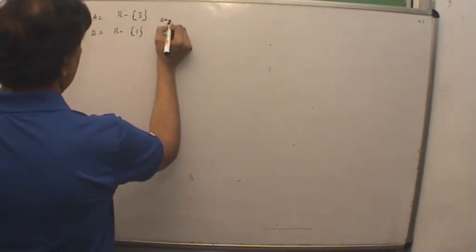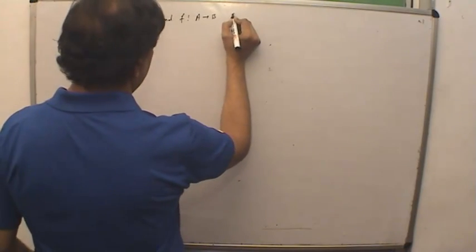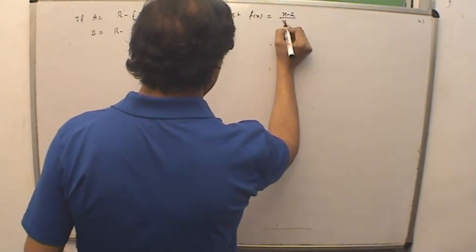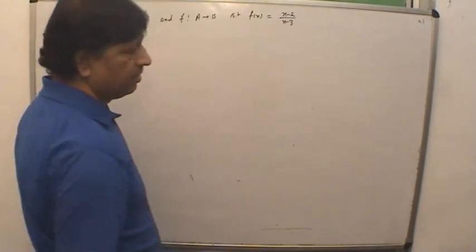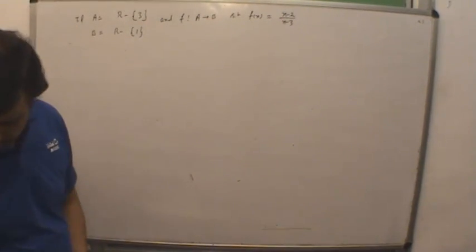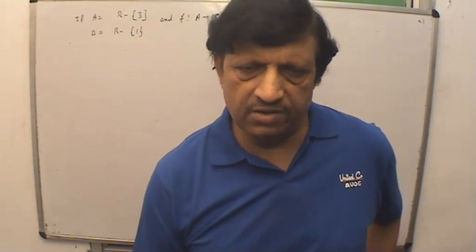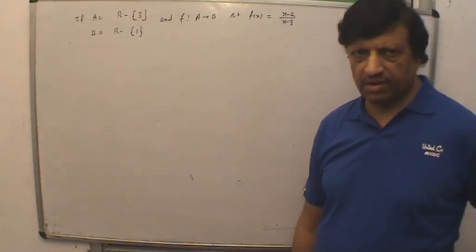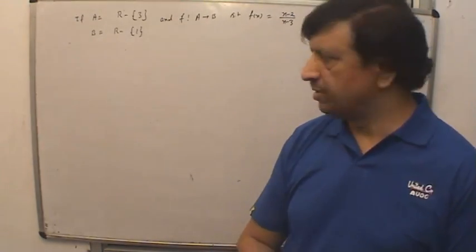And f is a function defined from A to B such that f of x is equal to x minus 2 divided by x minus 3. We have to check whether it is bijective or not. If it is injective and surjective, then we say it is bijective. If it is bijective, then it is invertible. If it is invertible, it means its inverse exists.